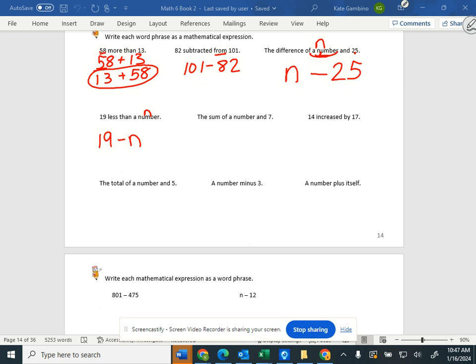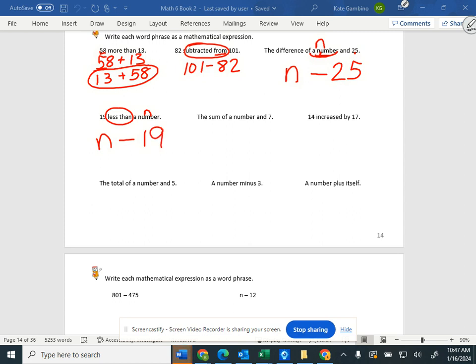Now remember, less than and subtracted from are the two times that we flip them. Because otherwise we're going to say 25 less than 19 if we wrote it that way. So we would want to do, oops, I'm using 25 as an example, but we don't know what our number is. We want 19 less than the number.